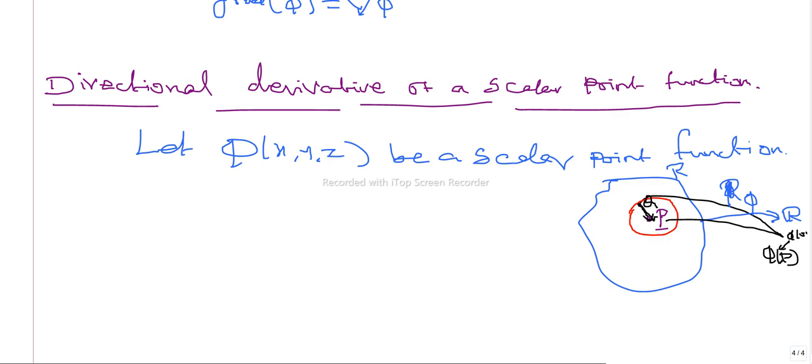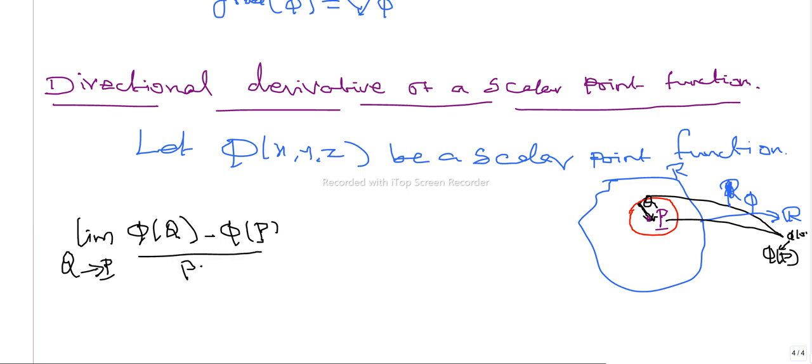Similar thing here. So simply we can say the derivative is the limit as Q approaches the point P of (π(Q) minus π(P)) divided by PQ, the length of this interval.